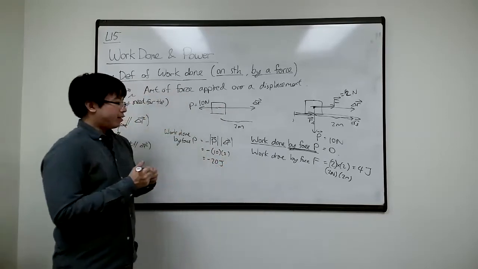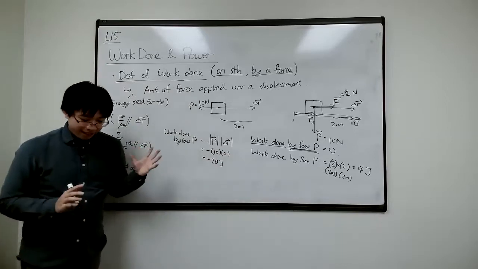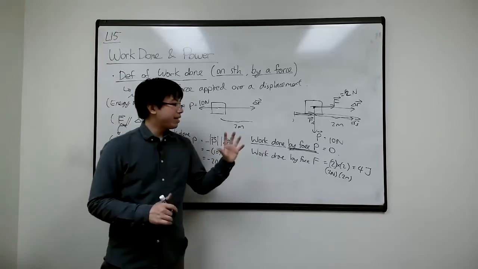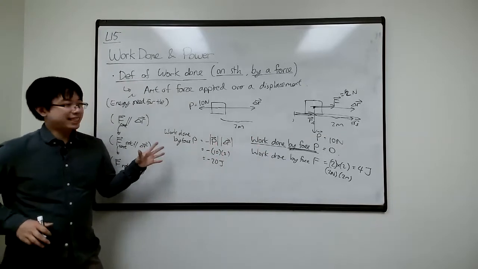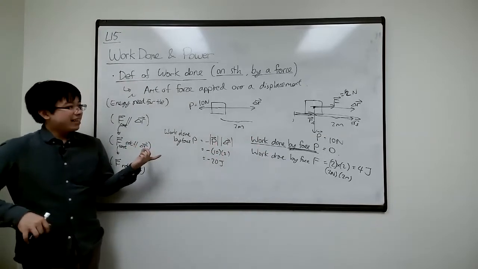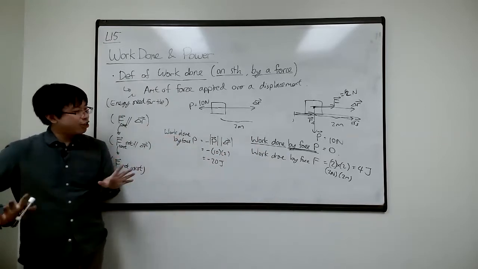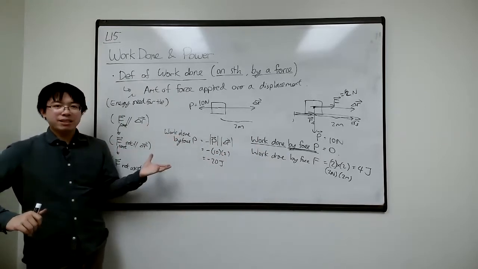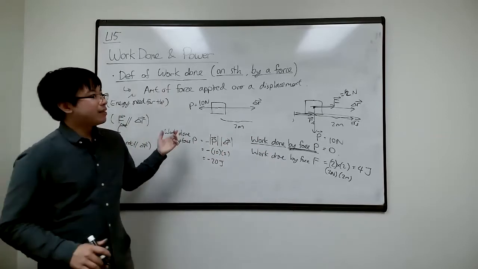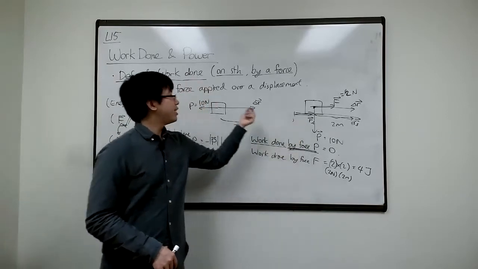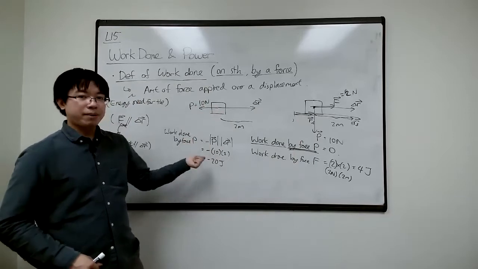So what does that mean? Again it's counterintuitive. This is why work done is so confusing to a lot of students, because you try to think of this as the everyday life understanding of work done, and I try to discourage that. Just think of this with a definition. If they are parallel, multiply them together. If they're anti-parallel, multiply them together with a minus sign.